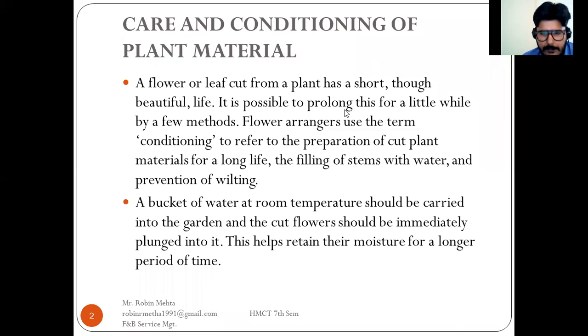Okay, so guys, we are on the second point. This helps to retain their moisture for a longer period of time. Whenever we are doing this exercise, while cutting plants from the garden or buying them directly from the market, we put all the plants, whether flowers, leaves, or foliage, into a bucket.